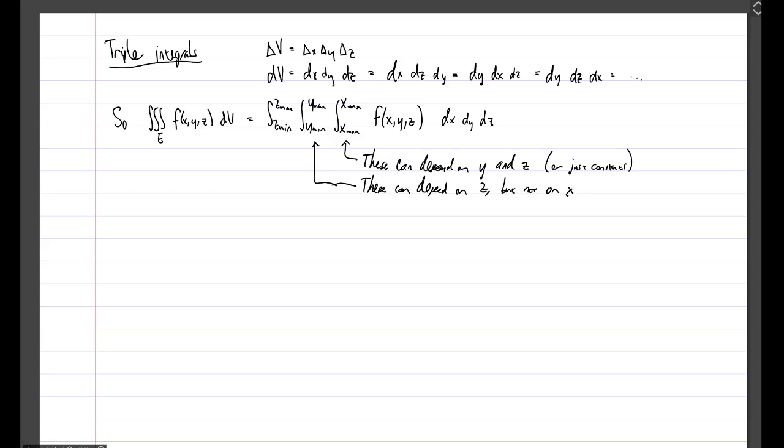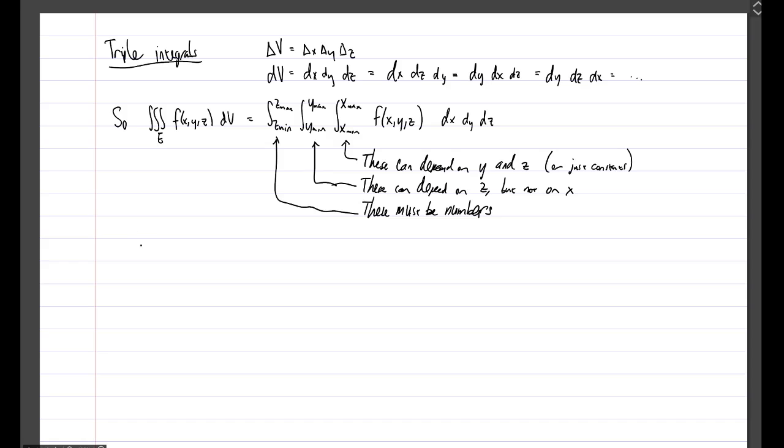They cannot depend on x. And then the outer one, z, will be the final integration that you do. So with respect to z, these must be numbers. The outermost integral always has to have numbers.